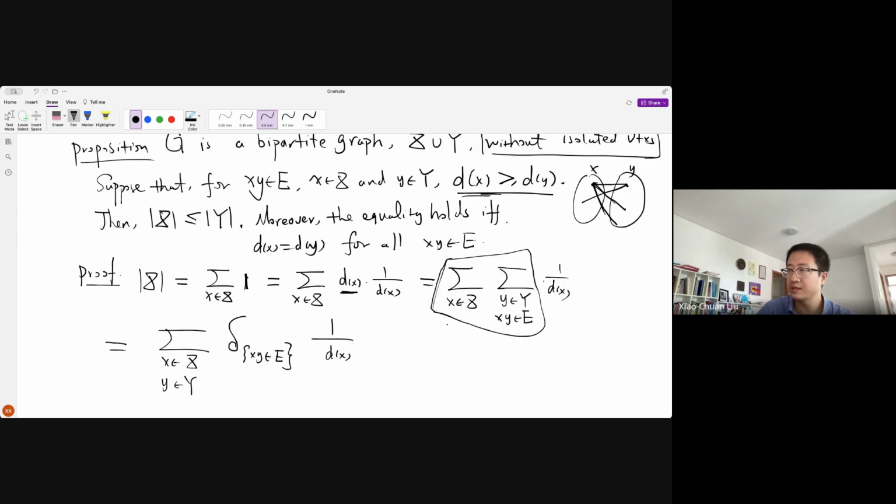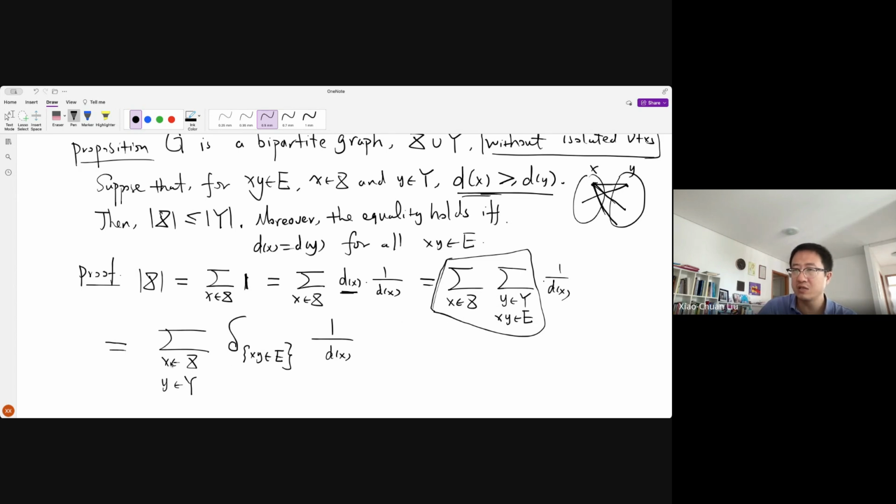Let's repeat. First I sum over all x in X, and then I find all y in Y such that xy is an edge. It's a double sum, and each time I put 1 as a summand. I claim that it's the same.